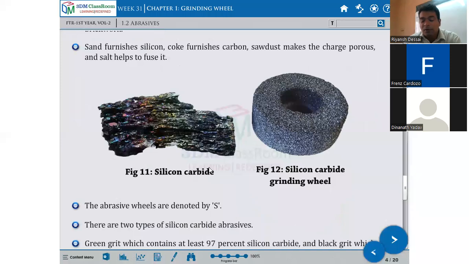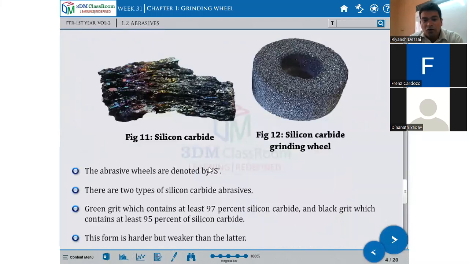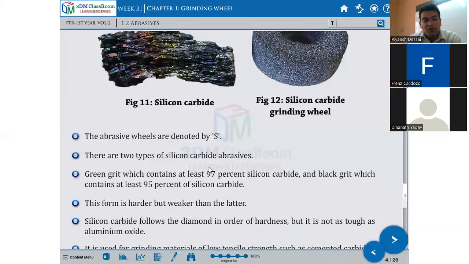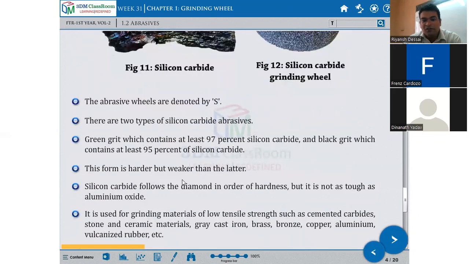Silicon carbide abrasive wheels are denoted by the letter C, and there are two types of silicon carbide abrasive: green grit, which contains at least 97% silicon carbide, and black grit, which contains at least 95% silicon carbide. The former is harder but more brittle than the latter.